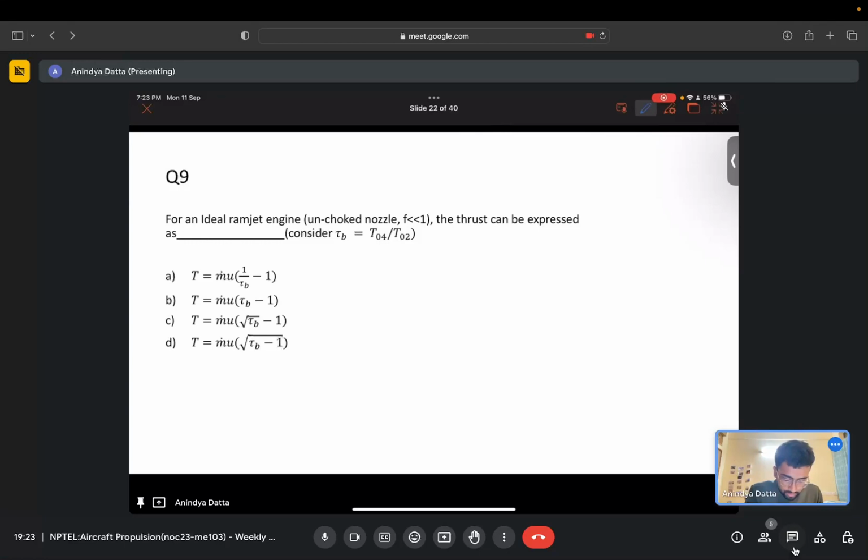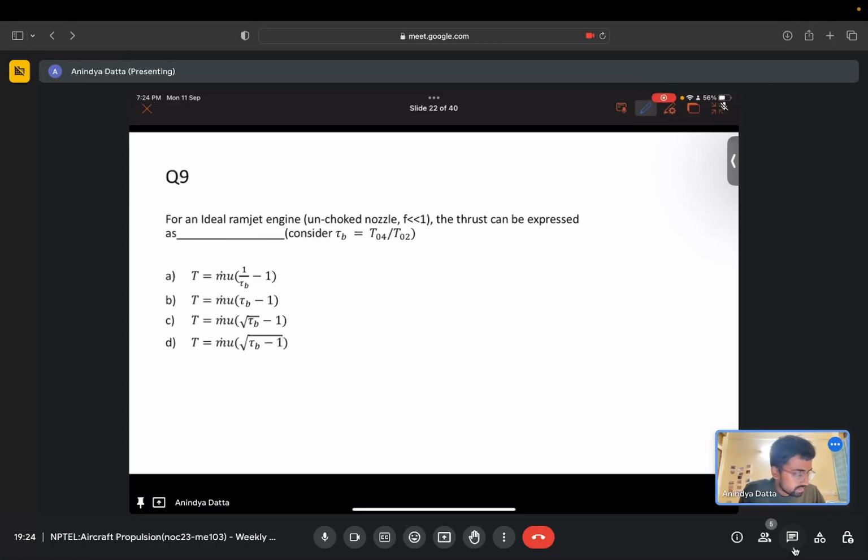Next thing, we have to consider what is the expression for thrust in terms of this. In the lecture, the professor has discussed an expression for thrust considering the fuel air ratio, but here the fuel air ratio is very much less than 1, so we can neglect that.